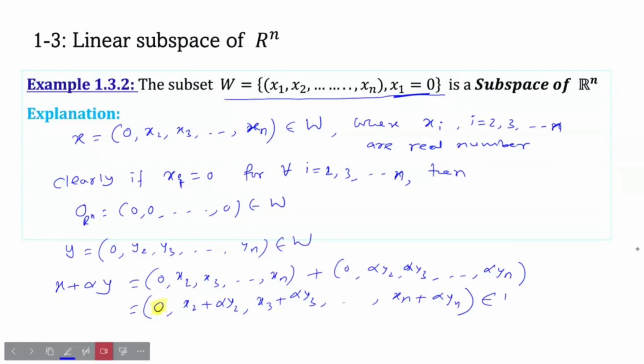So the first entry is 0, and we can say that this x plus alpha y is a member of W. Therefore W is a subspace of Rn.